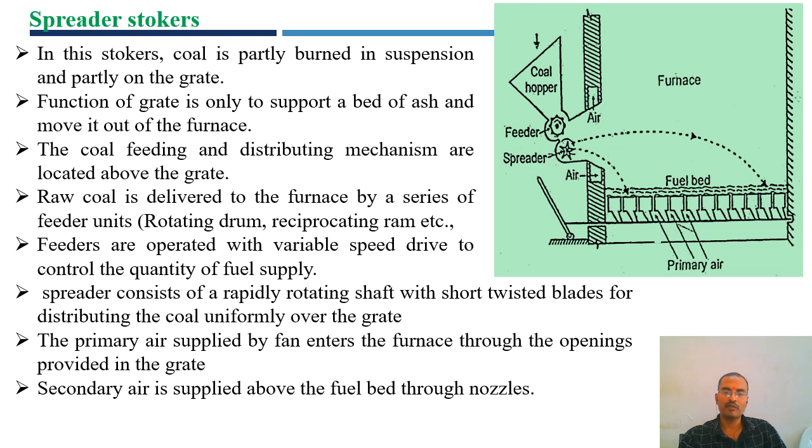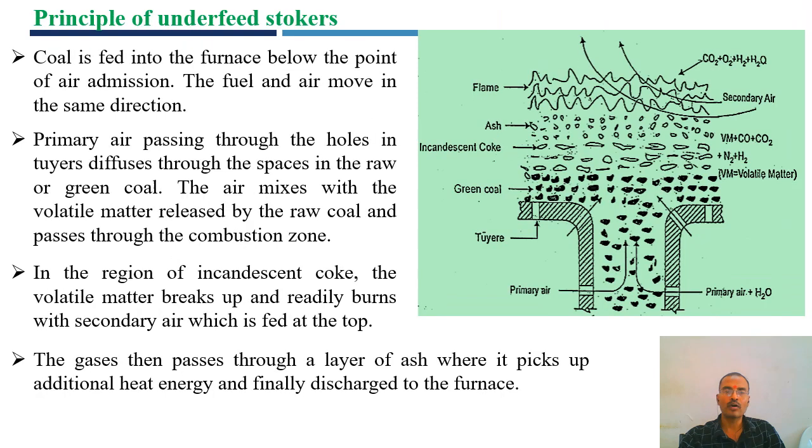Feeders are operated with variable speed drive to control the quantity of fuel supply. The spreader consists of a rapidly rotating shaft with short pitched blades for distributing the coal uniformly over the grate. The primary air supplied by the fan enters the furnace through openings provided in the grate. Secondary air is supplied above the fuel bed through nozzles.